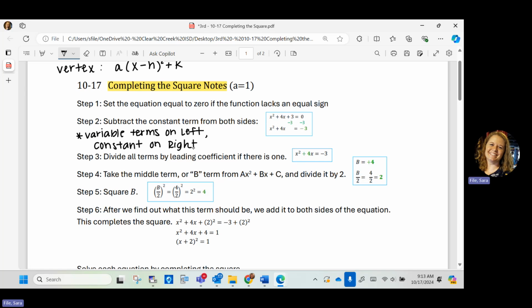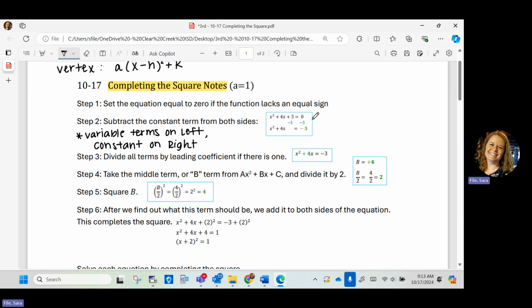Once we have that, what we are looking to do is still create a perfect square trinomial. You see how they just wrote the two variable terms and then equals the constant.